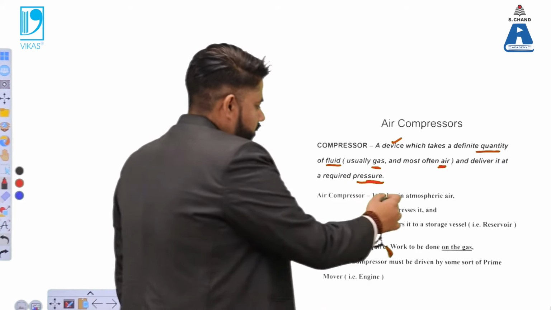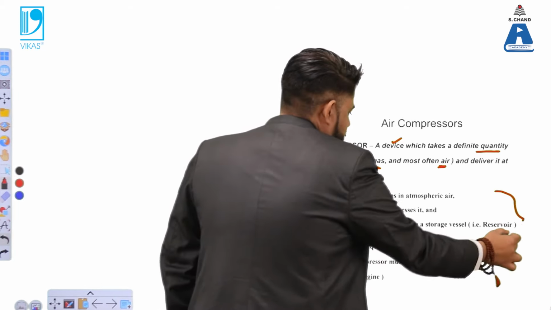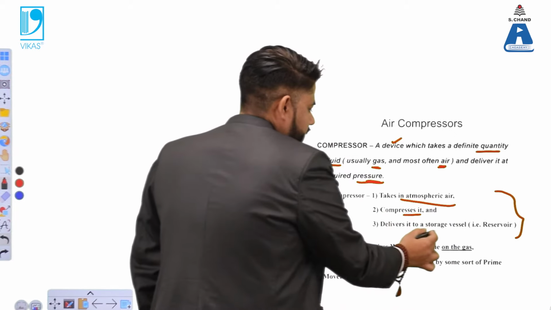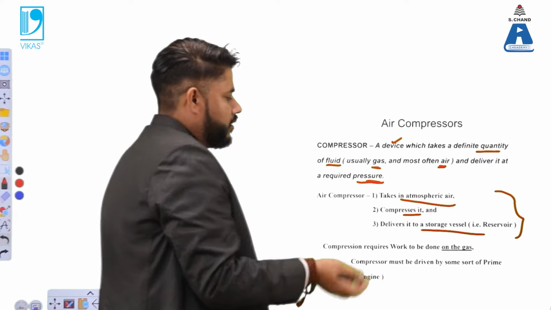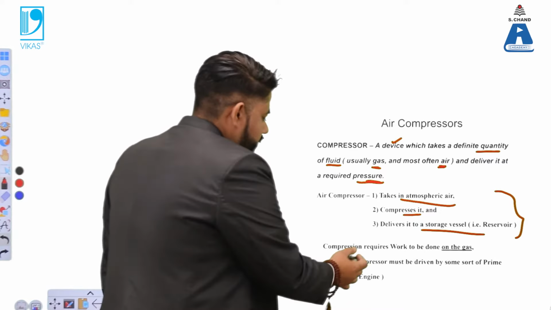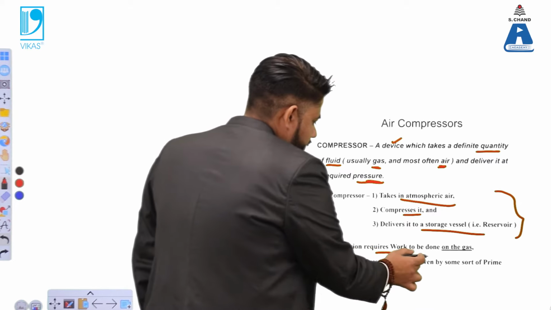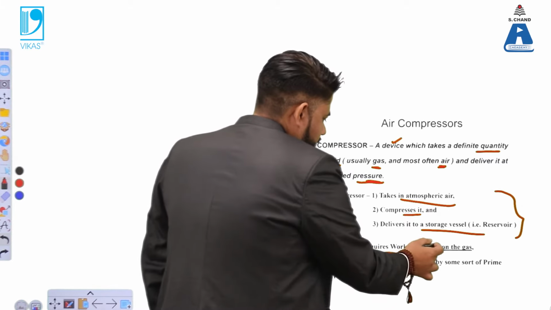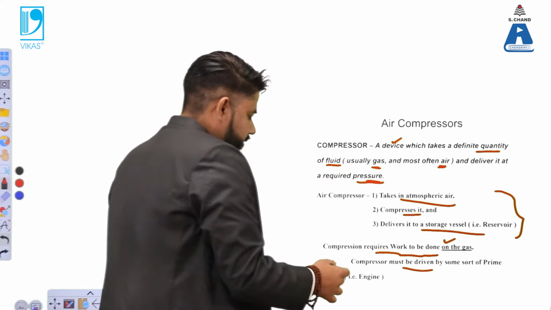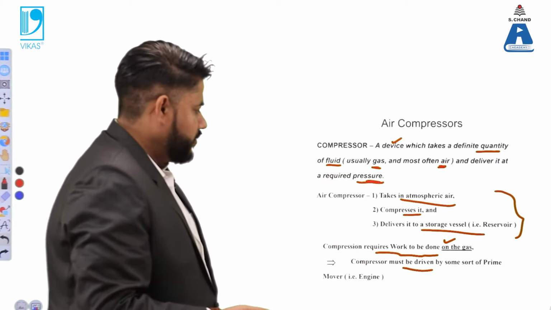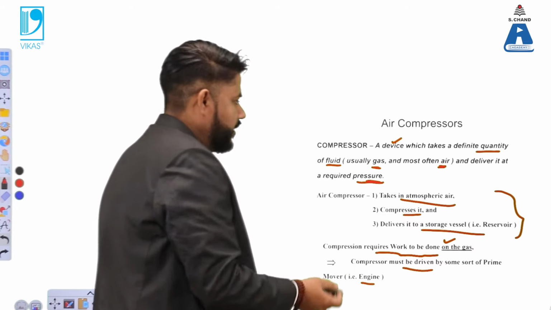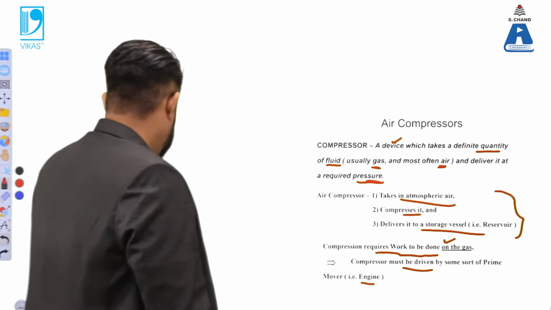In short, it takes atmospheric air, compresses it, and delivers it to a storage vessel. The compressor requires work to be done on the gas, so it must be driven by some external prime mover, which in our situation is an engine.